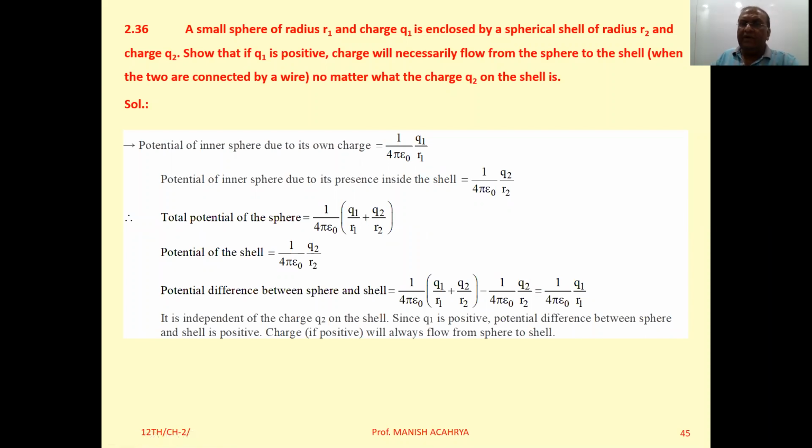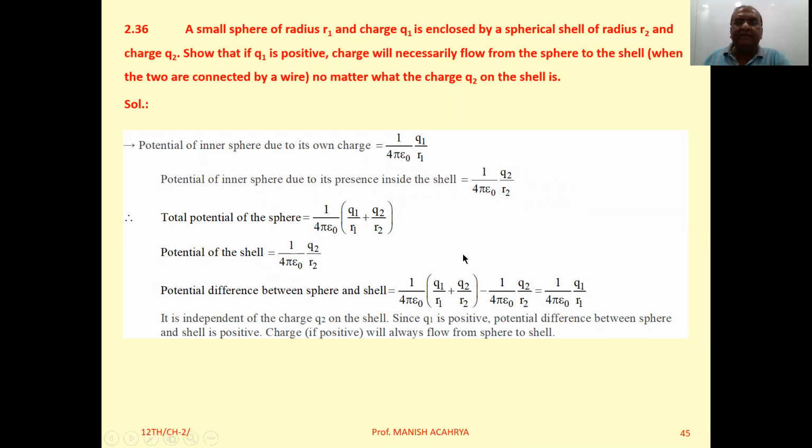Now, the potential at the surface of the inner sphere due to the outer shell. For the outer shell, whatever is the potential at its surface, that will remain constant up to the center.